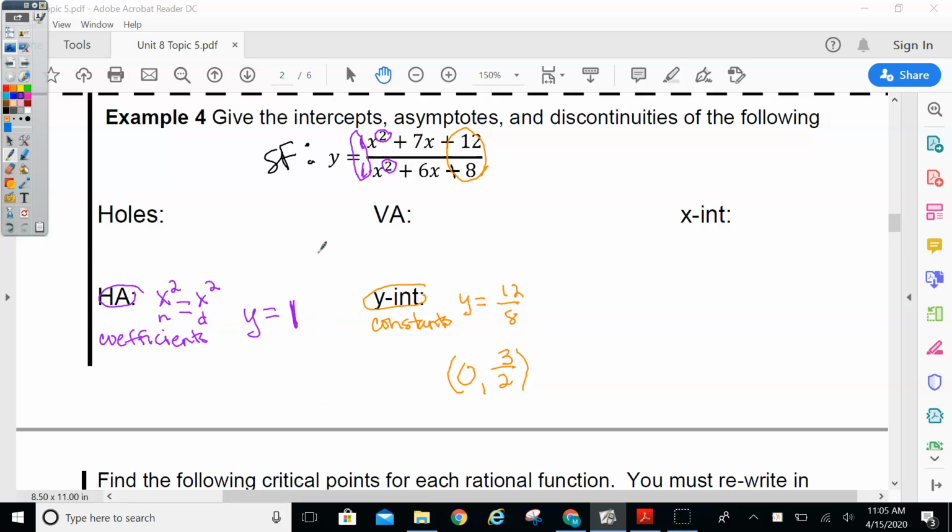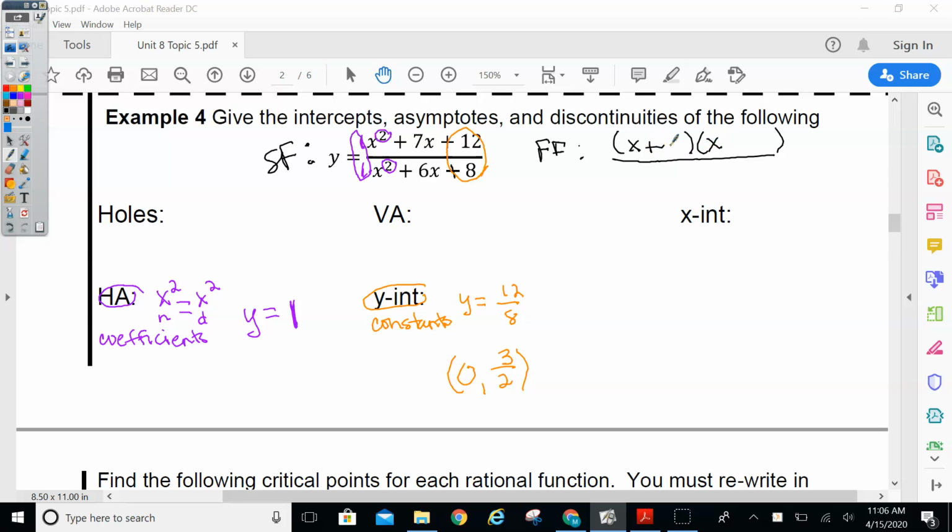So now for the other ones, we have to factor the numerator and the denominator. For the numerator, we have 12. So factors of 12 that add to 7. So they both got to be positives.